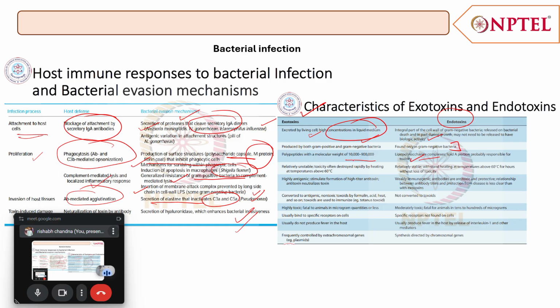The exotoxins are relatively unstable, and the toxicity is often destroyed rapidly by heating at temperatures above 60 degrees Celsius. These are highly antigenic and stimulate formation of high titer antitoxin, which neutralizes the toxin. The endotoxins are relatively stable, withstanding heating at temperatures above 60 degrees Celsius for hours without loss of toxicity, and these are weakly immunogenic.